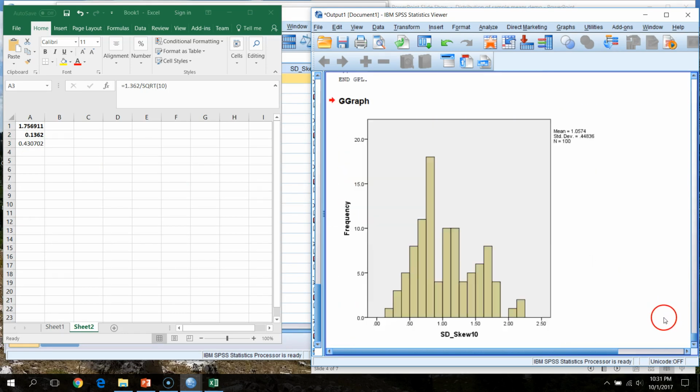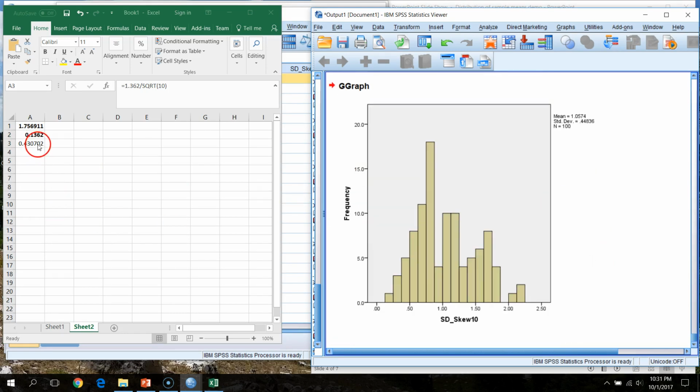But if we go back through and take a look, we're expecting a standard error of all possible random samples that could be drawn with replacement, a standard deviation of our sampling distribution of 0.431. We've got 0.448. Again, even after 100 draws, it's getting very, very close.